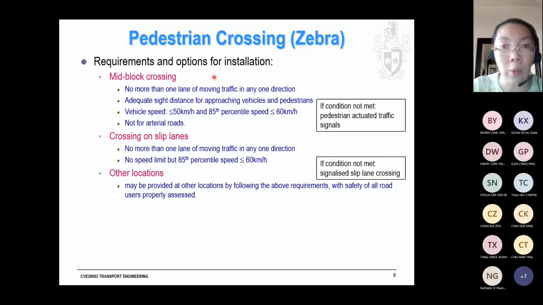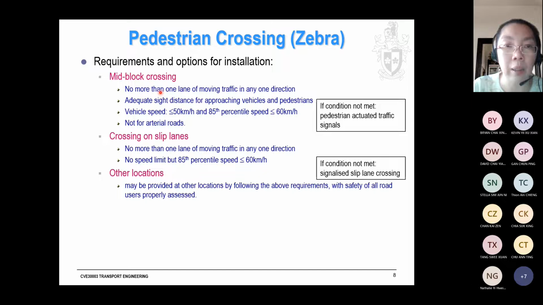Okay, so what if these requirements are not met? If the conditions are not met, then pedestrian actuated traffic signals will have to be installed. Say, for example, speed 60 or more, 70, then you have to install traffic signals. If you have 4-lane two-way, then you have to install traffic signals.